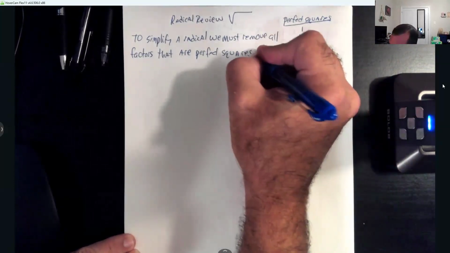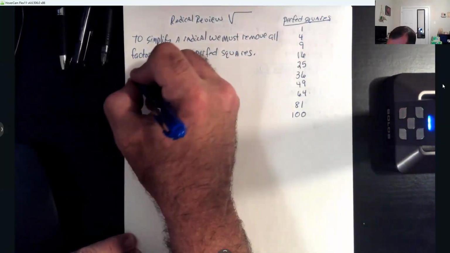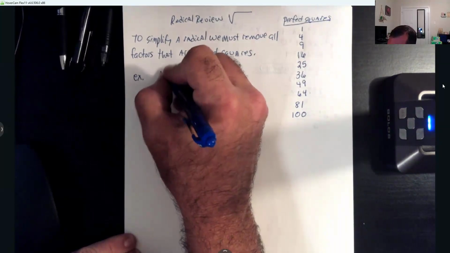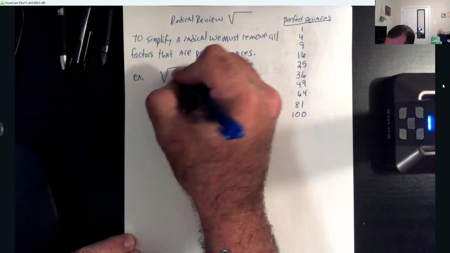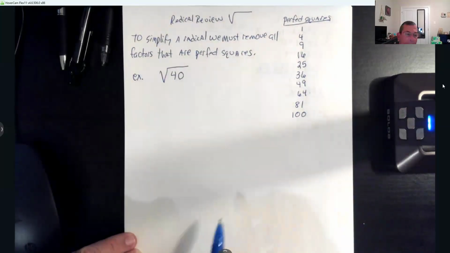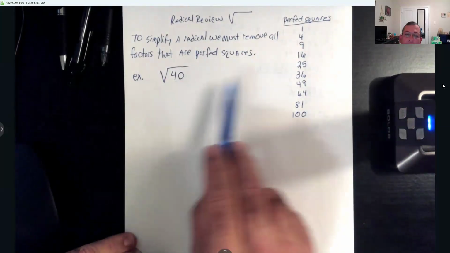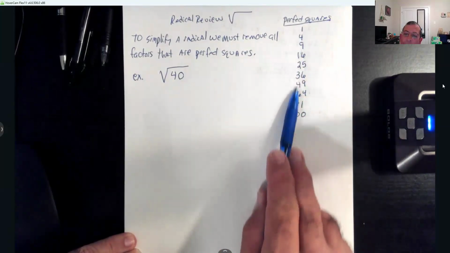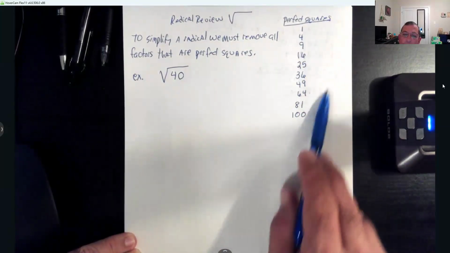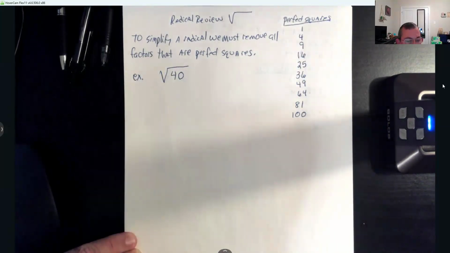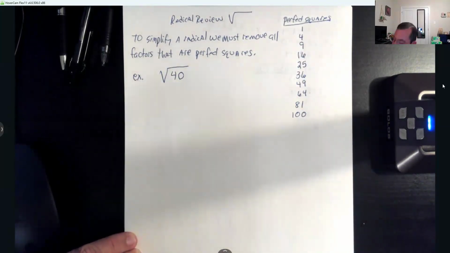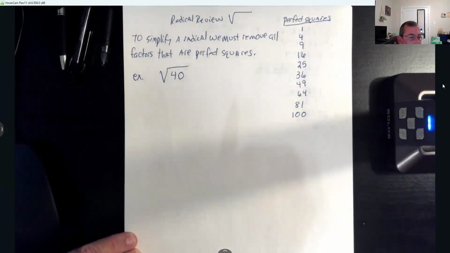So y'all, let me show you what I'm talking about. What if I had something like the square root of 40? So here's my 40. Now, the only factors I'm worried about are these perfect squares. But are any of these perfect squares factors of 40? And we definitely have one.